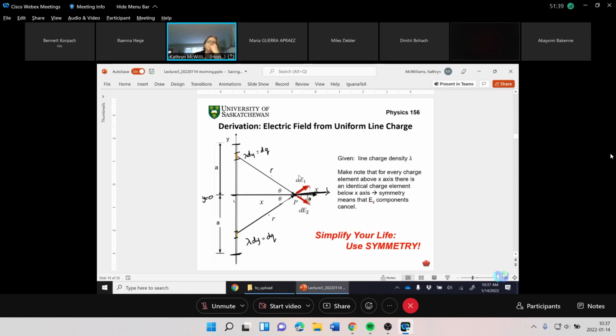Because of the way this problem is set up, with the symmetry and the fact that we're looking at the bisector line, we only care about the electric field in the x component, because that's all that exists. Everything in the y direction cancels out in this particular configuration at point P. Does that make sense?